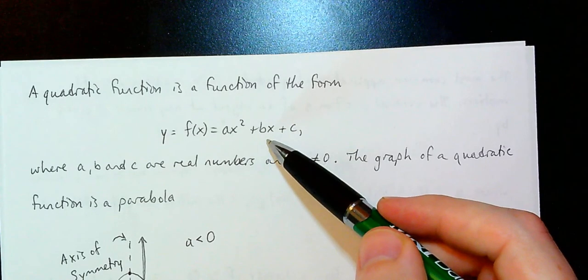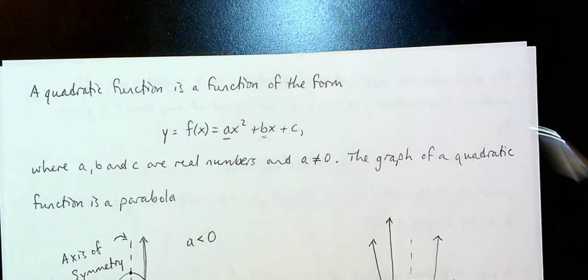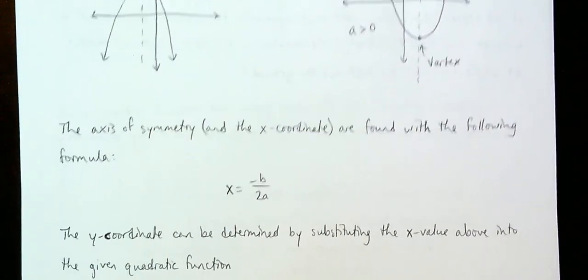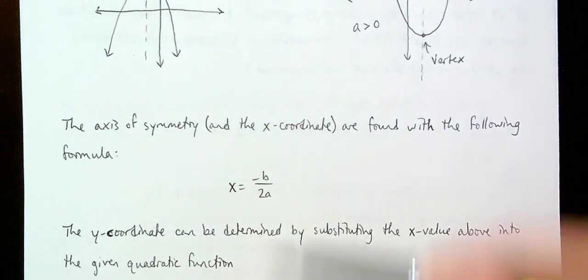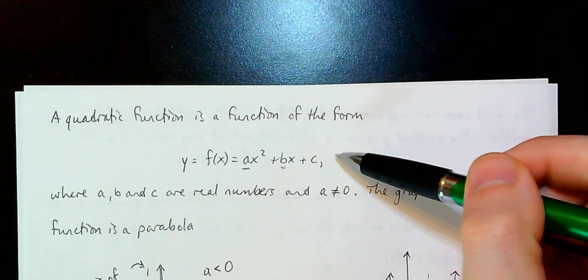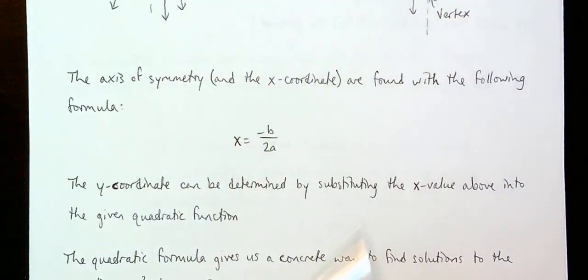Again, you're taking your b and your a values from here. So that's what we are going to use there. The only thing we're missing is the y-coordinate of our vertex. Well, if you take this x value that you just found and substitute it back into your quadratic function, then you can see what your y-coordinate is going to be. And then you have your vertex and your axis of symmetry.